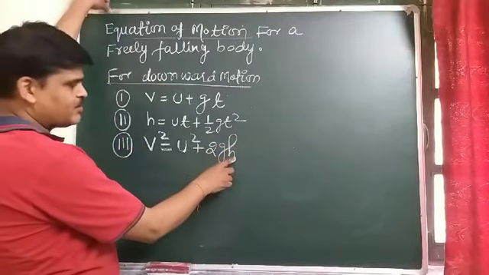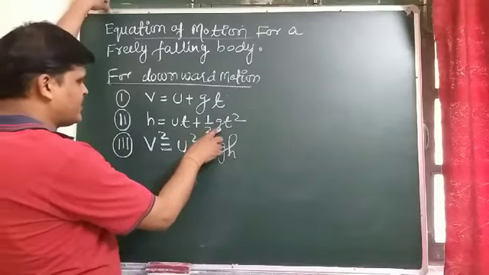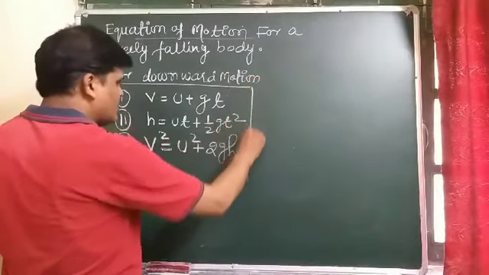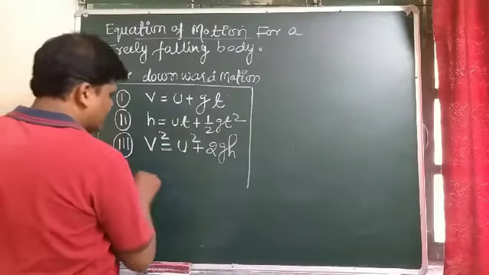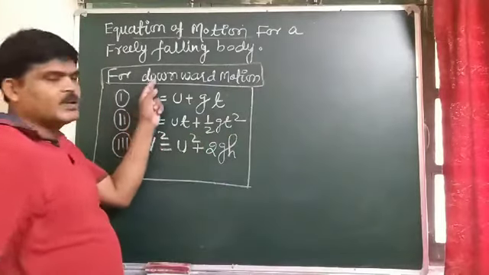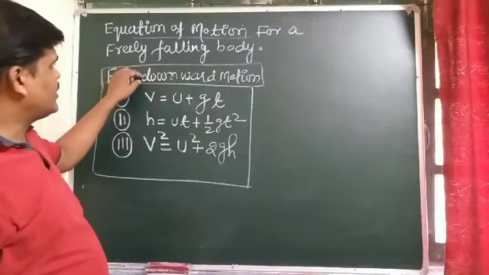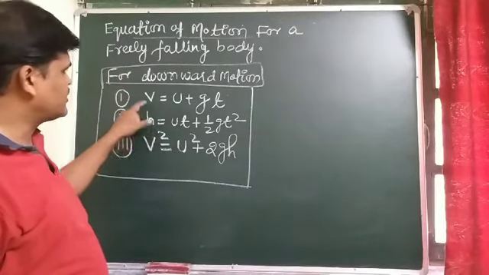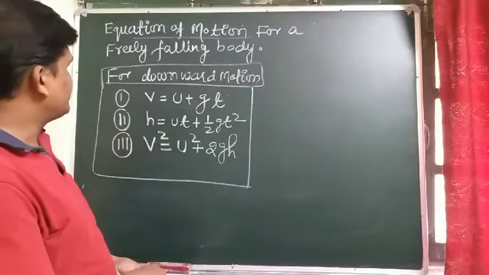In place of s we put h, and in place of a we put g, in vertical downward and vertical upward motion. So this is the equation of motion for a freely falling body, with its motion taken in the downward direction.